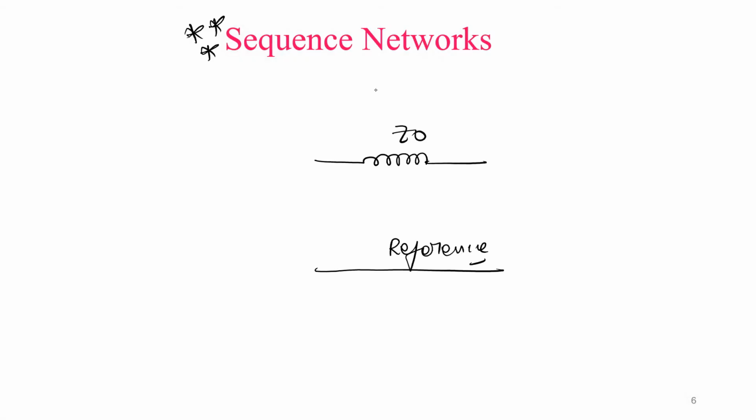Now coming to the zero sequence network, we cannot consider this network as it is as the zero sequence network. We need to make some modifications to the representation of the zero sequence network depending upon the connections of the transformer. What is meant by the connections of the transformer? We know any three-phase system can be represented in two different ways: star or delta connection.